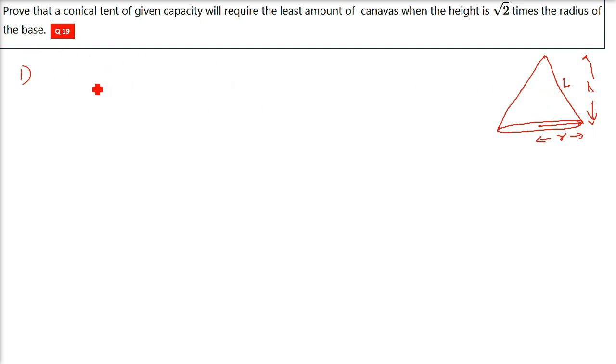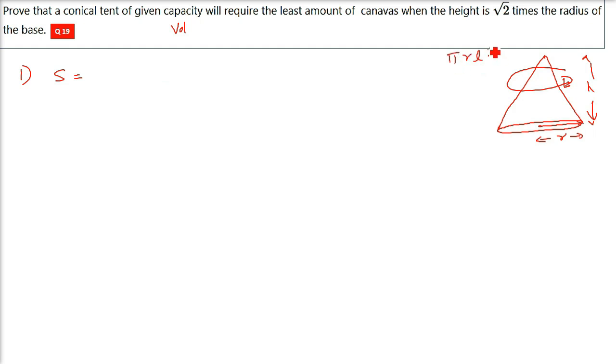So first thing first is the expression, because everything comes with an expression. If you are able to find out the expression in the sentence type question or word questions, then the next thing can be done. Capacity only means the volume. Here capacity corresponds to volume. The surface area of cone is, you already know, pi into r into L. What is the L?